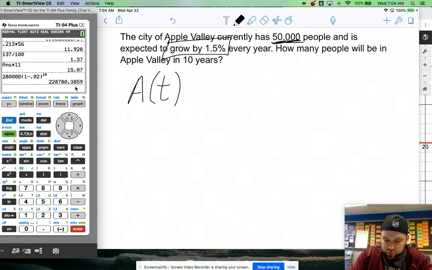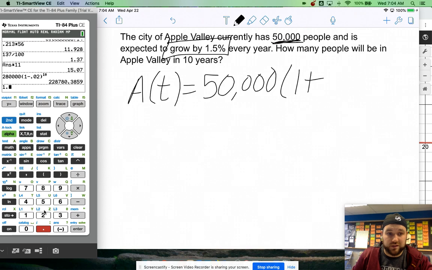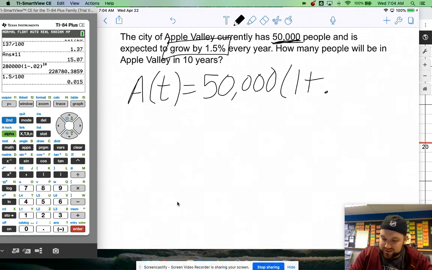So my future value is going to be my current value or my start value. I guess I should say start value. Times 1 plus 1.5%. You got to be careful because a lot of people will think it's 0.15, and that's a common answer, but it's 0.015.